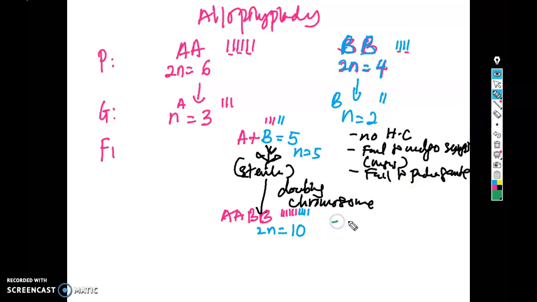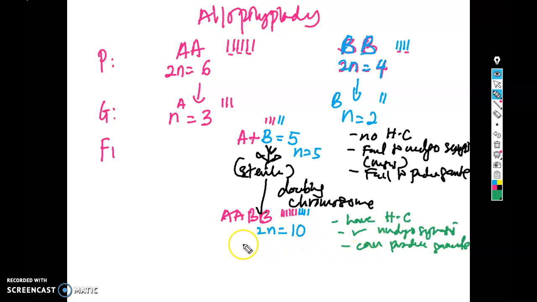These individuals have homologous chromosomes and can undergo synapsis during meiosis, and they can produce gametes. So we consider these individuals, this plant, fertile.